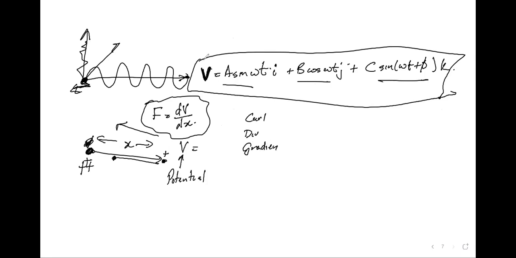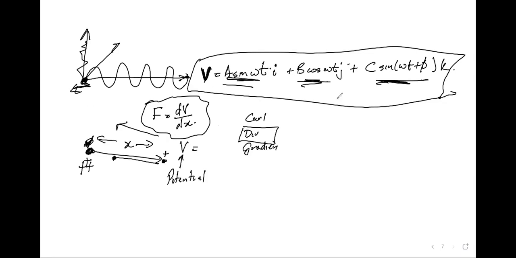Because if I have a representation for the potential in the 3 directions, and I want to find the force in the 3 directions, then I'm going to have to differentiate each of them in the x, y, and z direction to find out what the force is in the x direction, the y direction, and the z direction.